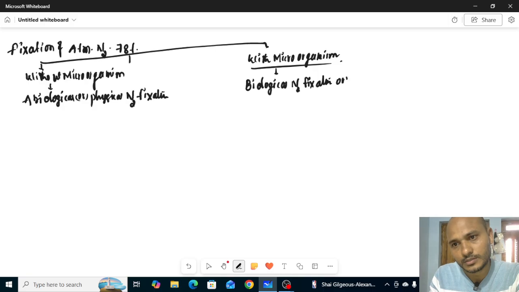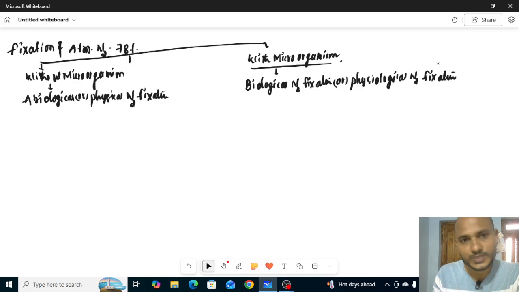In physical nitrogen fixation, without microorganisms, atmospheric nitrogen is converted into ammonia.